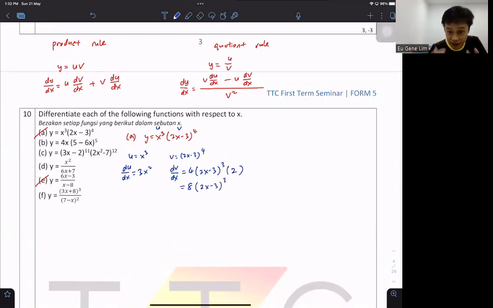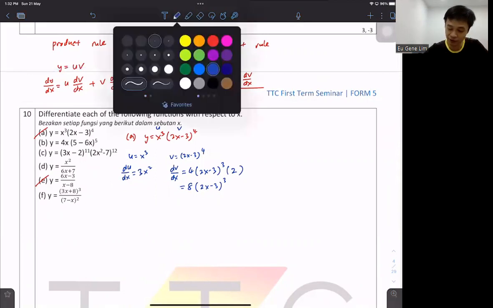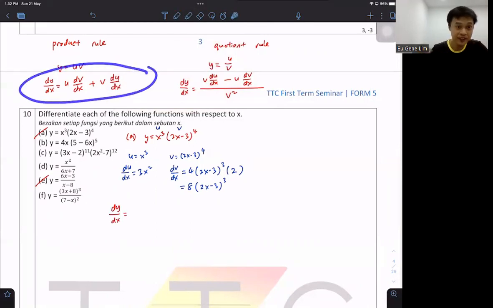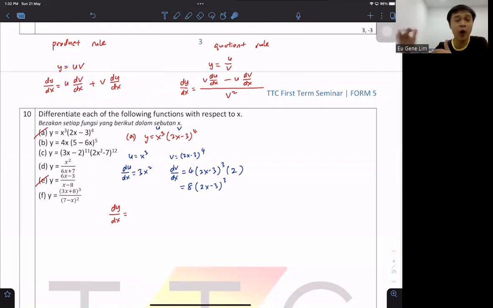Nice. You prepare first, you see, you prepare u, prepare du/dx, prepare v, prepare dv/dx, then only you can use the formula, okay? So now I use the formula. So formula dy/dx equals to this one, the whole formula.